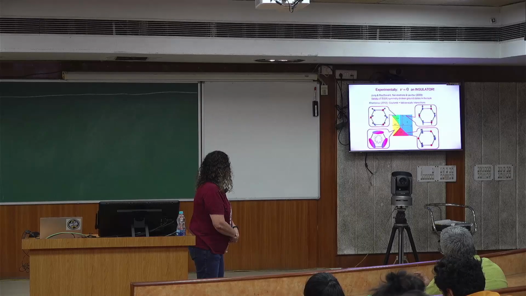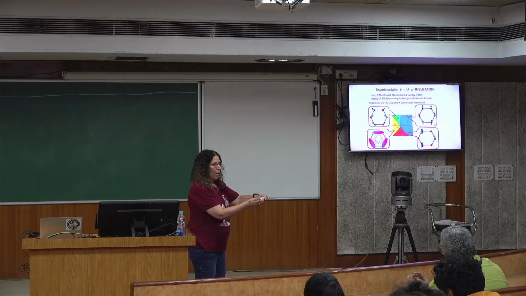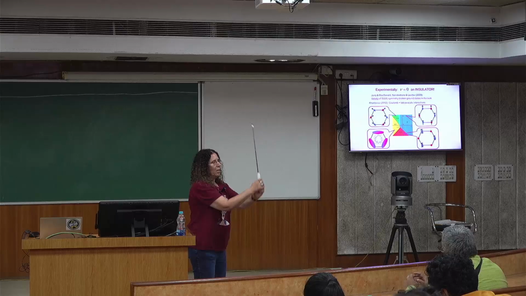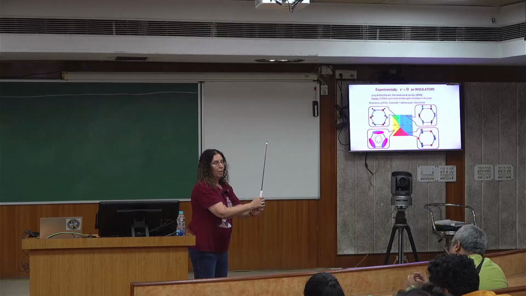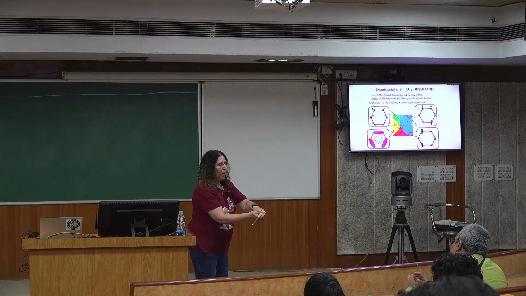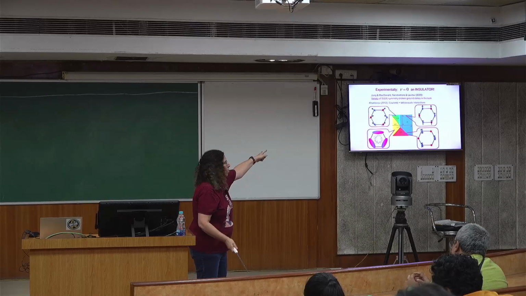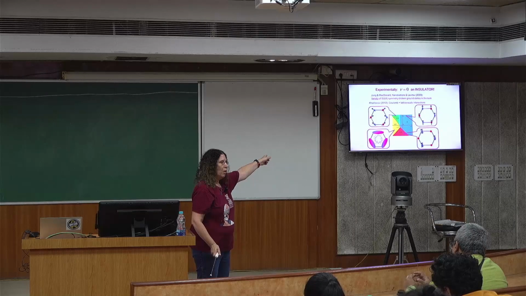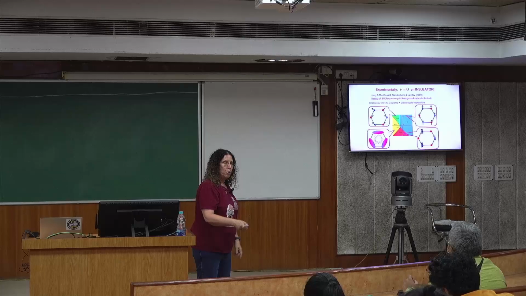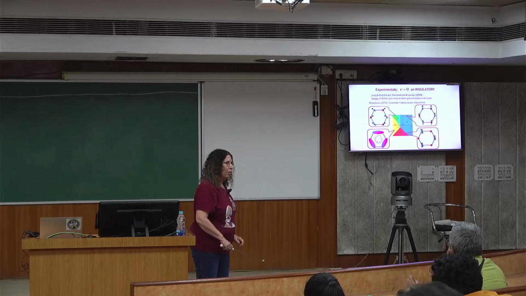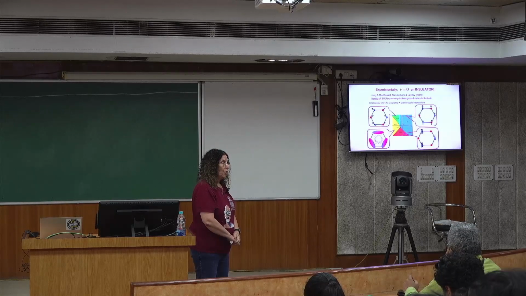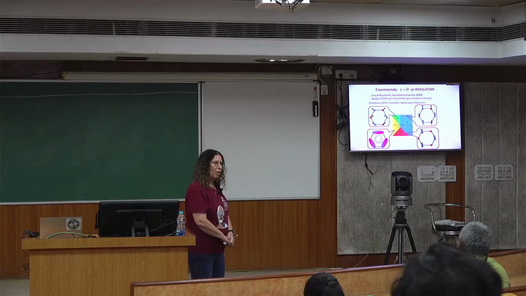So this is the direction of the magnetic field, and this is the XY plane. So actually, this breaks U1 symmetry, right? Because the XY plane is completely symmetric, okay? So it chooses a direction in the XY plane.